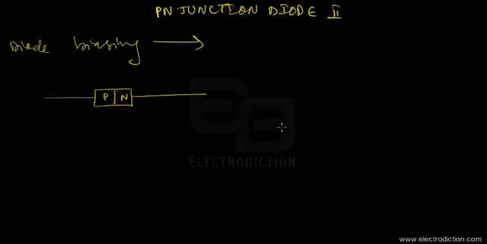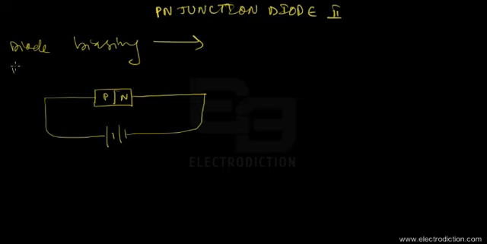So in order to make the majority carriers cross the P-N junction under the presence of the barrier voltage, we need to apply an external voltage supply, which could be a battery or any kind of electrical source. By that we impart kinetic energy to the majority carriers so that they may cross the junction.